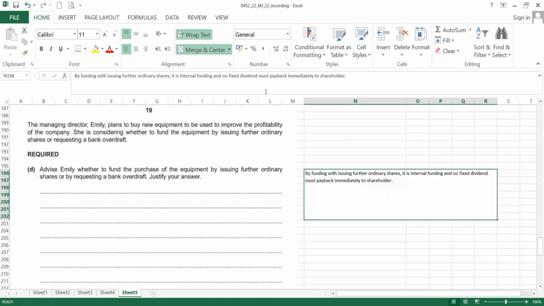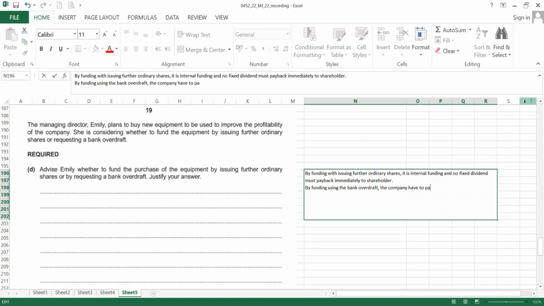But if we fund using the bank overdraft, the company has to repay the loan and interest on time.